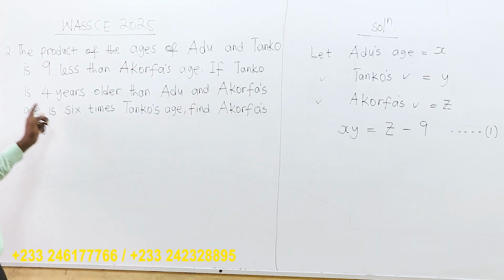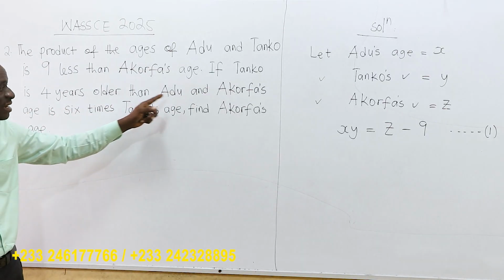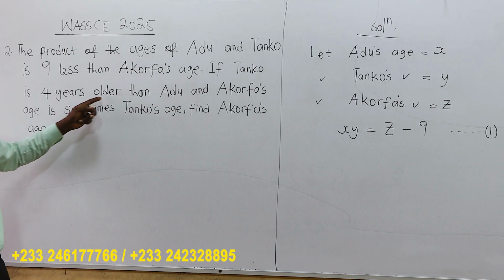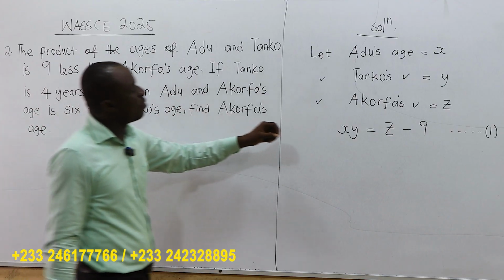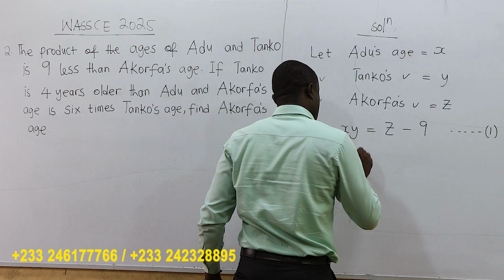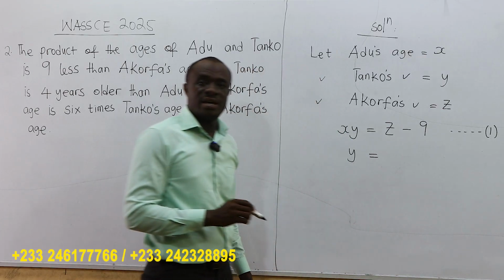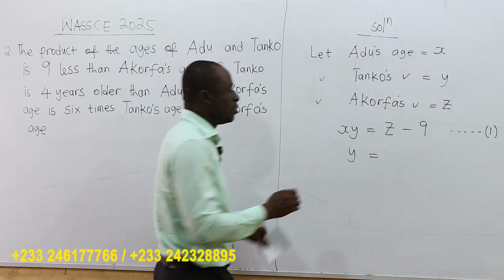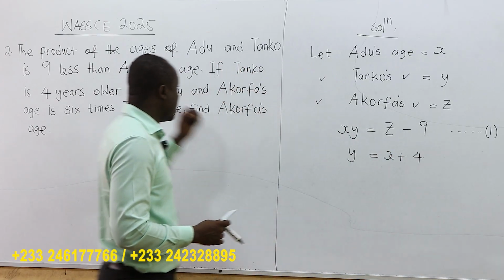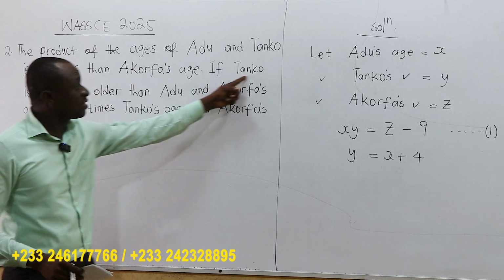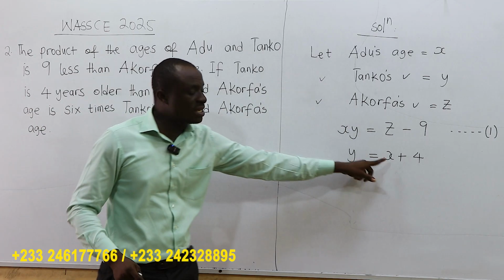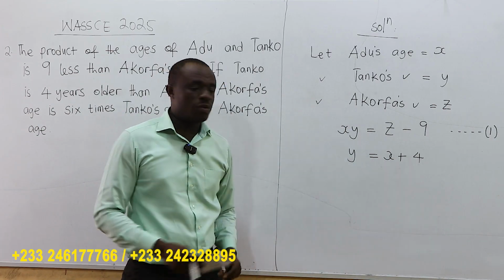If Tanko is 4 years older than Edu, what is Tanko's age? Y. So Tanko, Y, is 4 years older than Edu, whose age is X, so Y = X + 4.